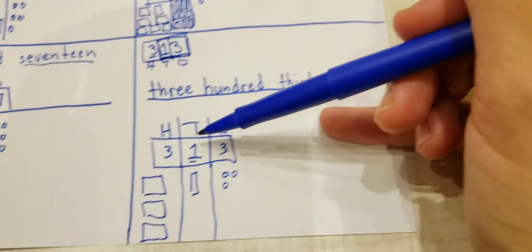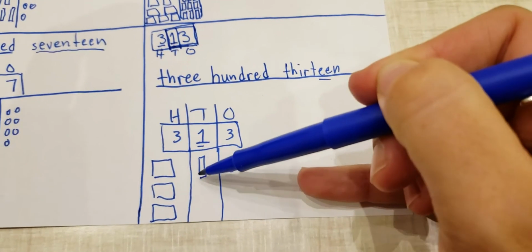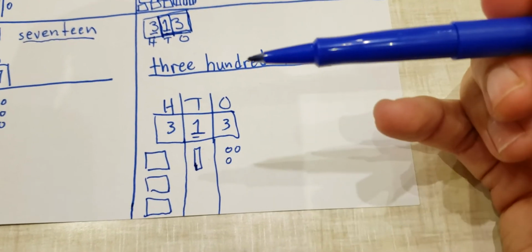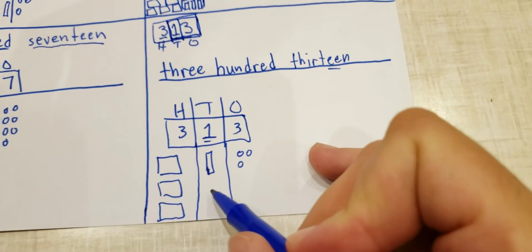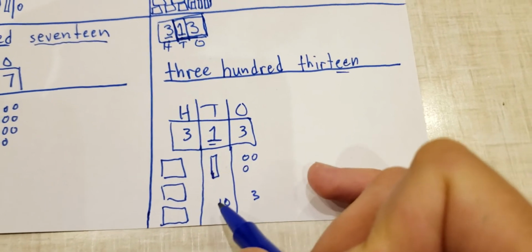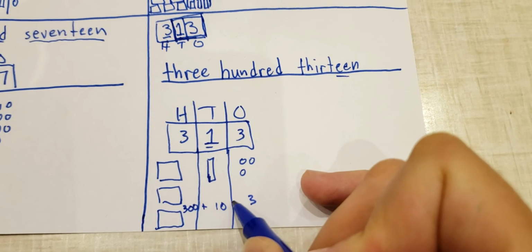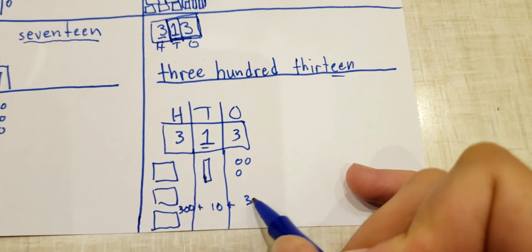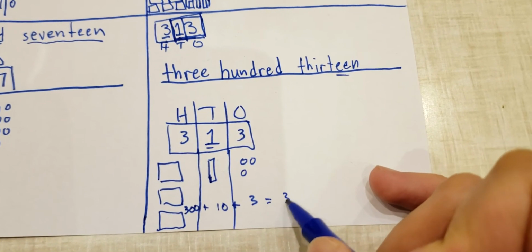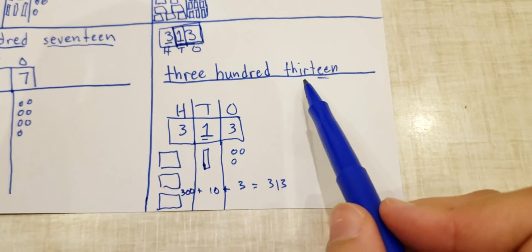But this 1 by itself here in the teens, okay, when we say 13 here, that's 1 ten, which is 10, okay? 10, and we have 3 ones, and we have 300 here. If I were to add these together, that would make 313, right? I cannot just say 310, 3.